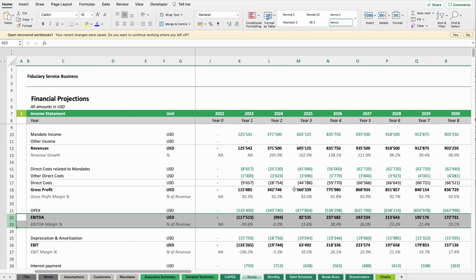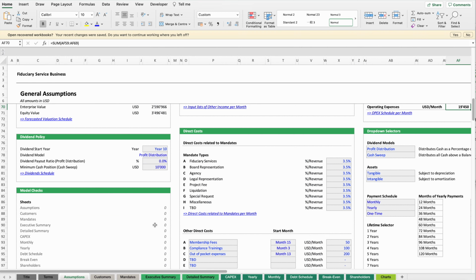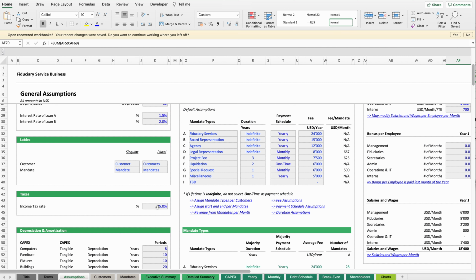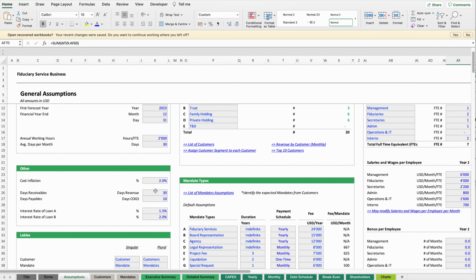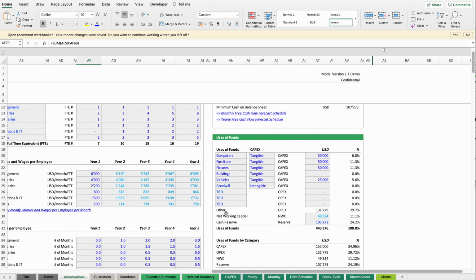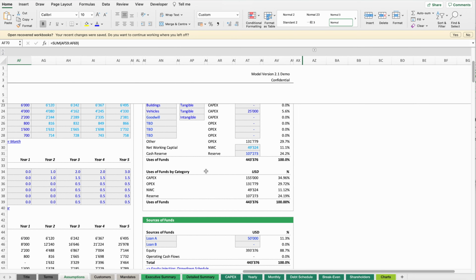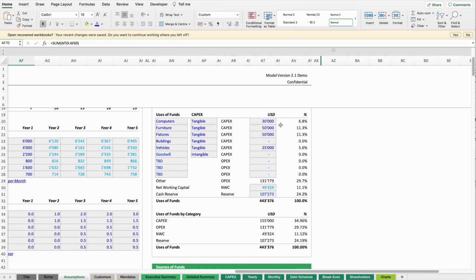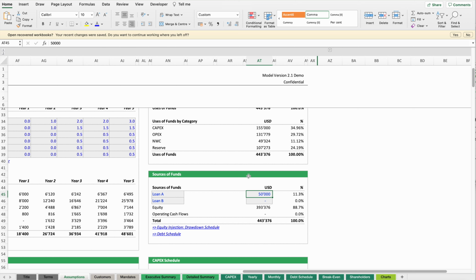Of course, we can complement our business plan also with all the other usual assumptions, such as depreciation period, taxes, inflation, interest rates, and then also uses and sources of funds, so that in case we need to do some fundraising, we need to know how much financing we need, what it will be spent for, and how much debt financing we can get, and the rest would have to be financed through equity, for which we will have to raise funding.